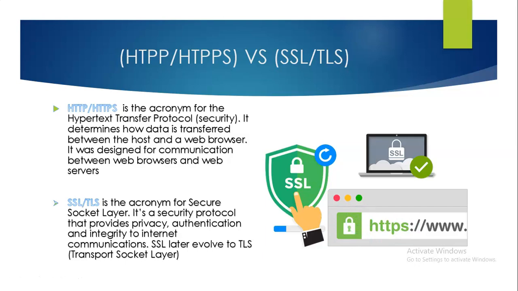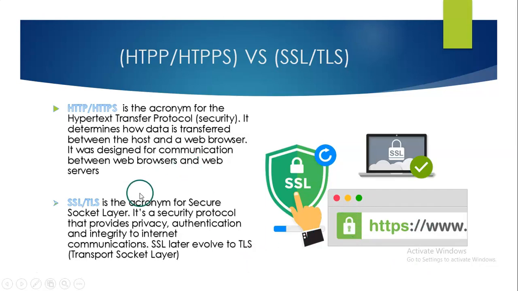HTTPS means the website is secured and authentic, but with no S, it means the website is not secure. It can be hacked. It's not good to put your information, especially payment and card information, on such websites. Put your card information on websites that are secured, the ones with HTTPS and a padlock sign.